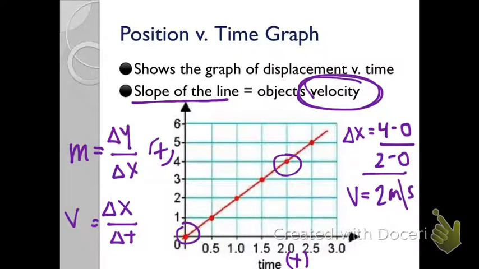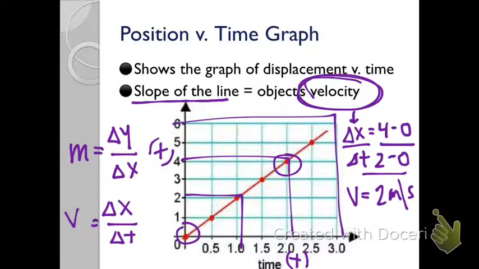Agree? You know how we calculated that? This is change in t, change in displacement. Okay? 2 meters per second. So that means after 2 seconds, I moved 4 meters. After 1 second, I moved 2 meters. Right? So it's following exactly like it should. Questions about how we calculate that? Okay.